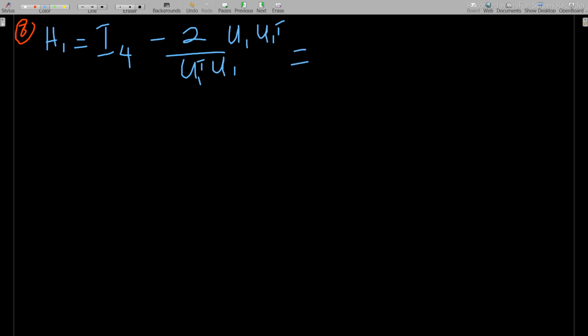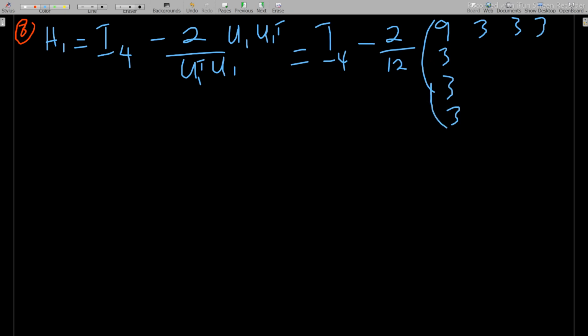This is equal to the I4 minus, and what we had for this one was 9 3 3 3 and so on. Like I said, you can go through the multiplications yourself. Just multiply rows to columns, and that will be all.